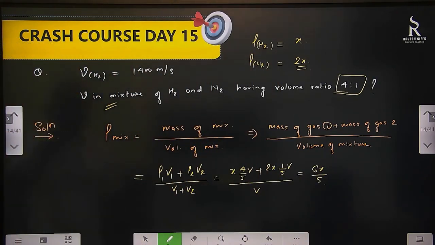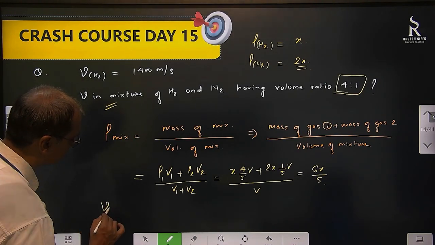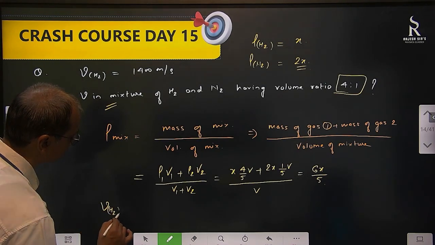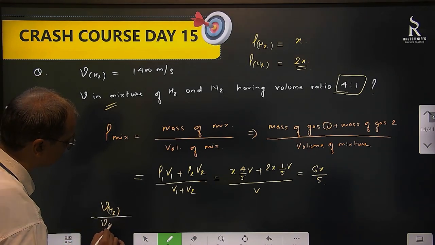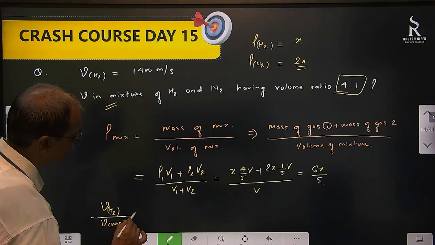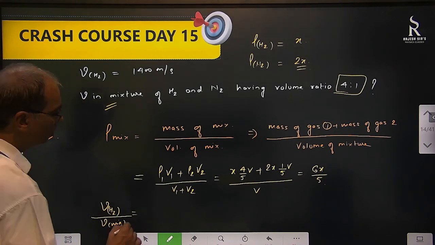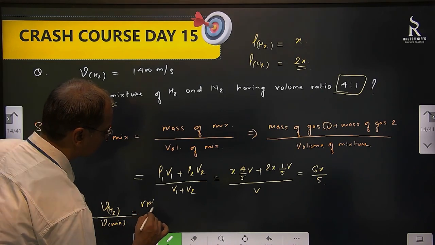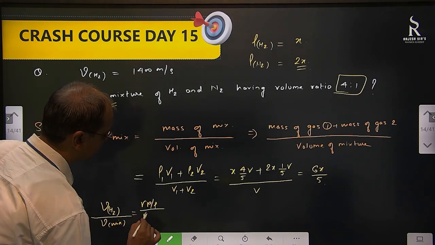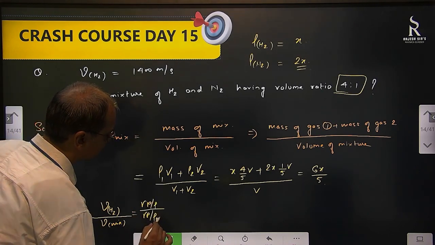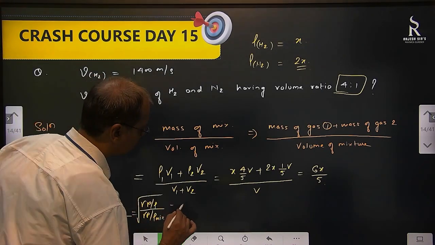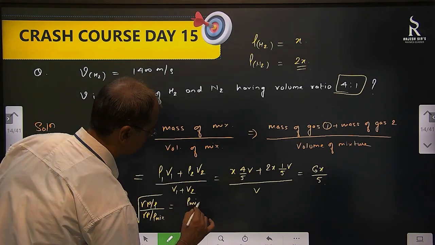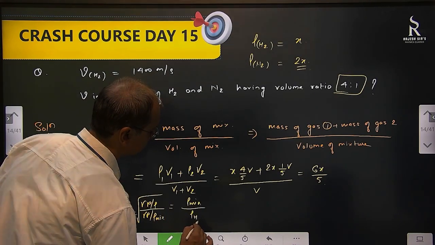Right. Now velocity we have to find. So velocity of hydrogen by velocity in mixture. This was root gamma p by rho of hydrogen by root gamma p by rho of mixture. So this comes out to be root of rho of mixture by rho of hydrogen.